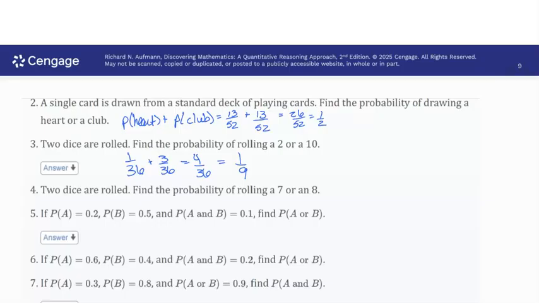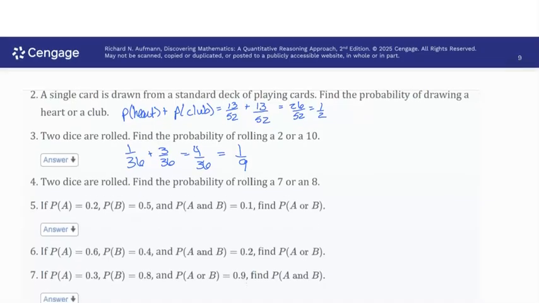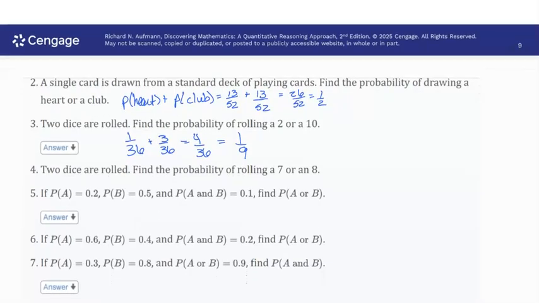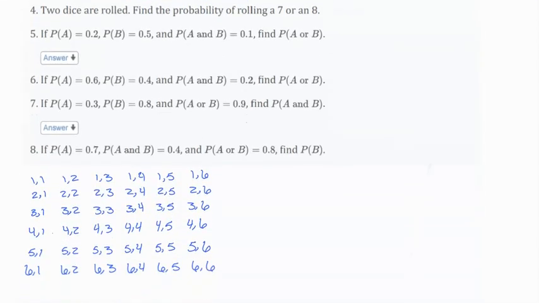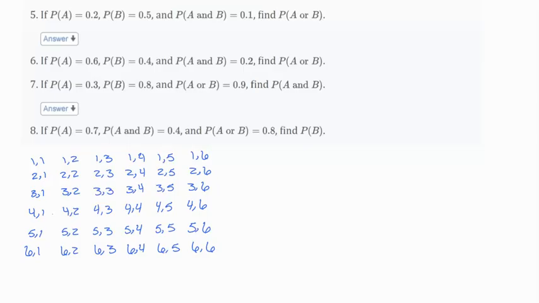Okay, now remember, these are mutually exclusive events. I can't roll 2 dice and get both a sum of 10 and a sum of 2. Only one of those things could possibly happen. Number 4 is going to work the same way. We want to find the probability of rolling a 7 or an 8. So we just count how many ways that's going to happen. Again, they're mutually exclusive. So here's my probability of rolling an 8, and then here's my probability of rolling a 7.